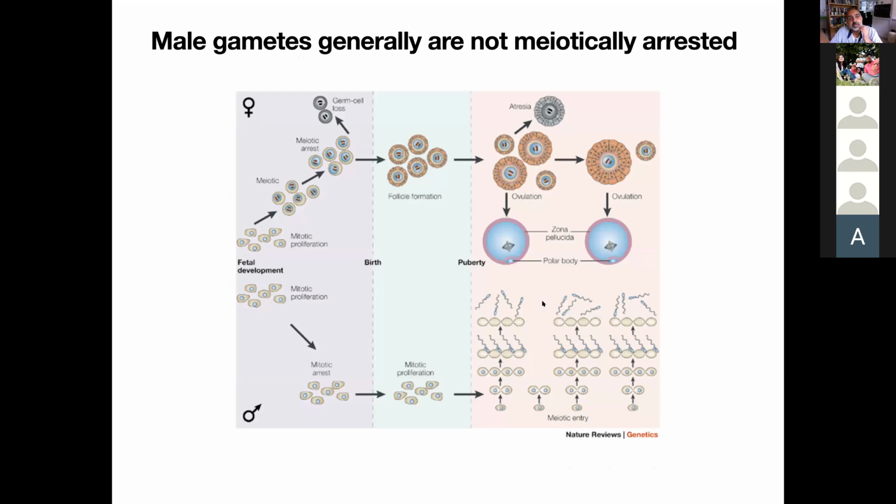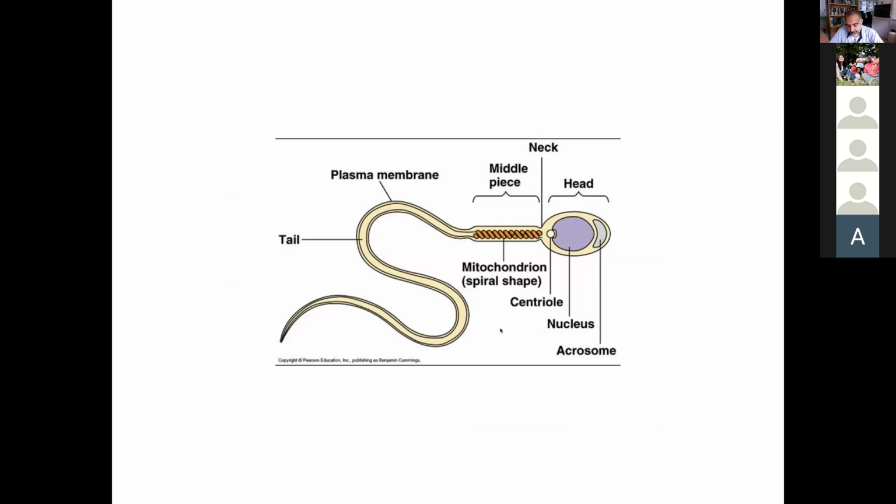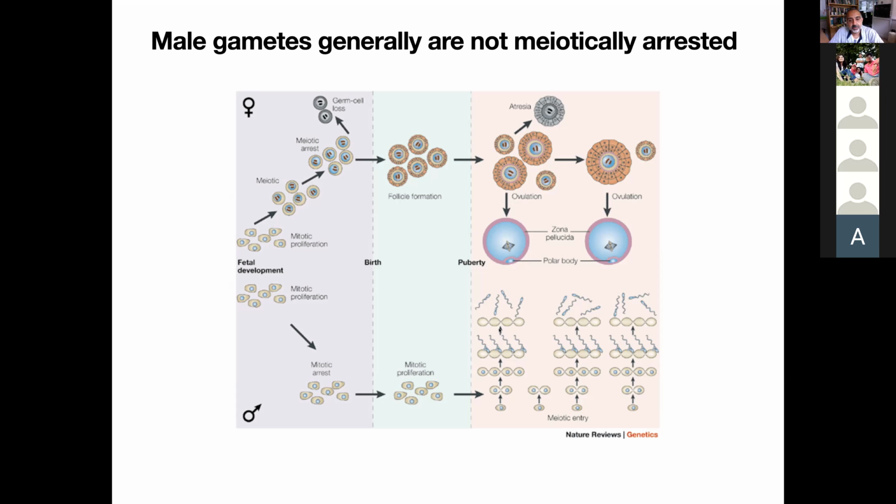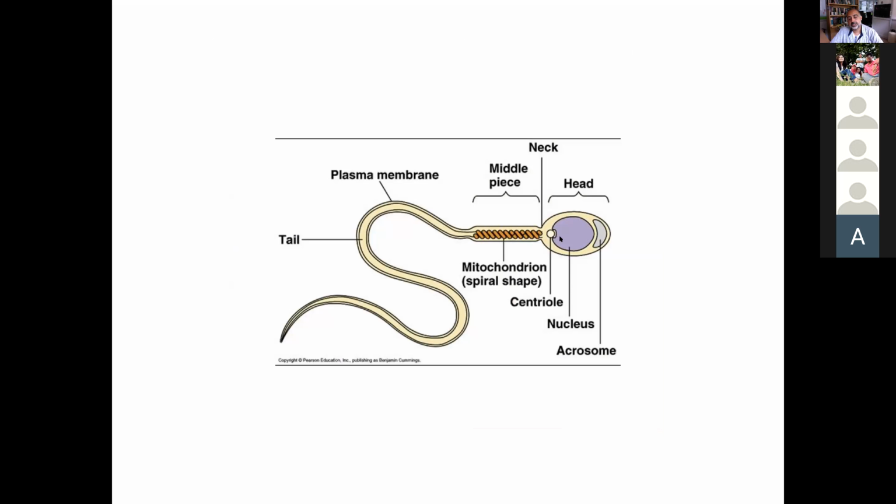Like I said, male gametes are not meiotically arrested. They will undergo mitotic proliferation to form spermatogonial stem cells, which upon puberty are then triggered to undergo meiosis. These will just go straight into meiosis without any arrest. Because it's easy to talk about the sperm, I'll just show you this simple representation of what the sperm is.